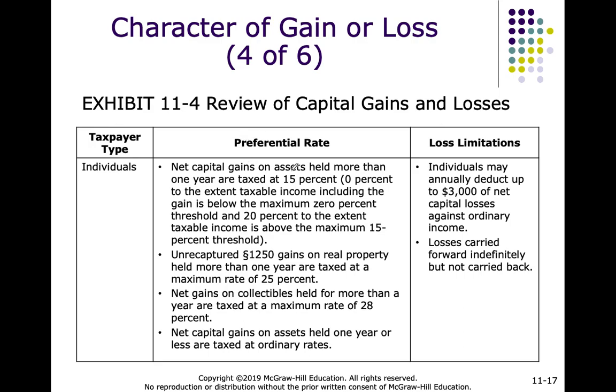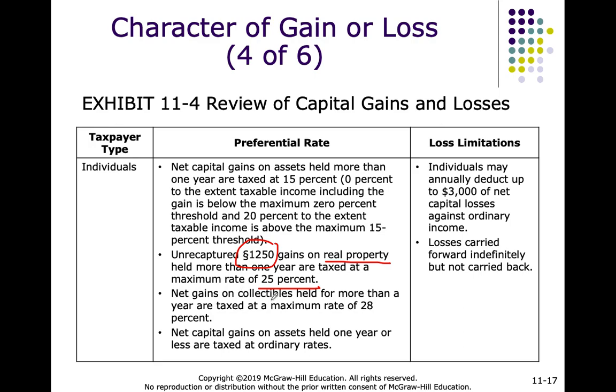Okay, so we talked about the preferential rates. We're looking from the individual perspective. We may have unrecaptured 1250 gains. This relates to real property. If we do, these are taxed at a maximum of 25%.